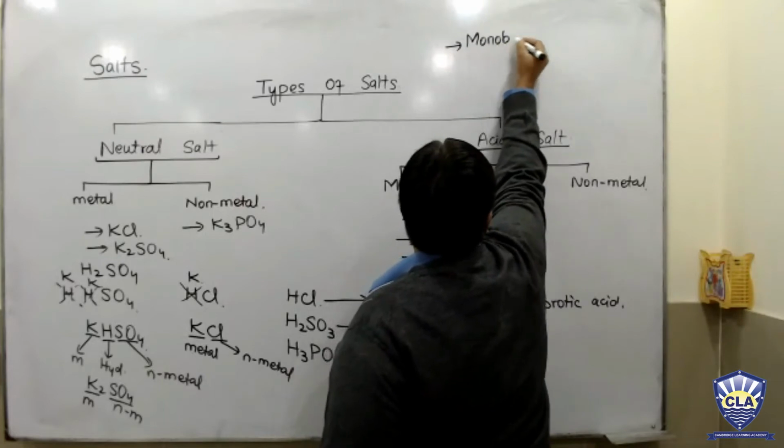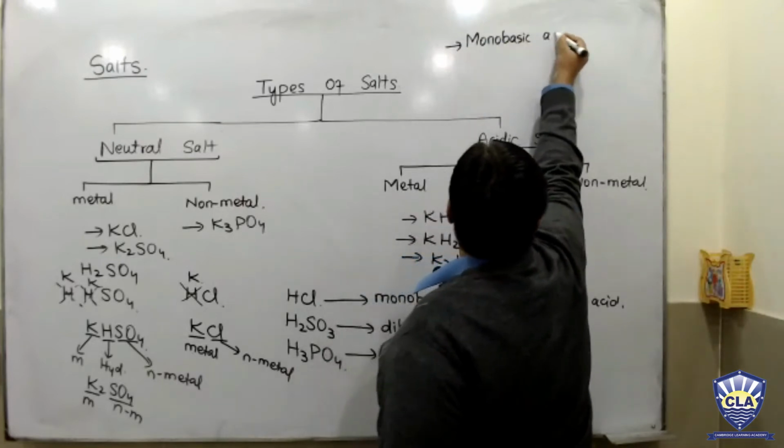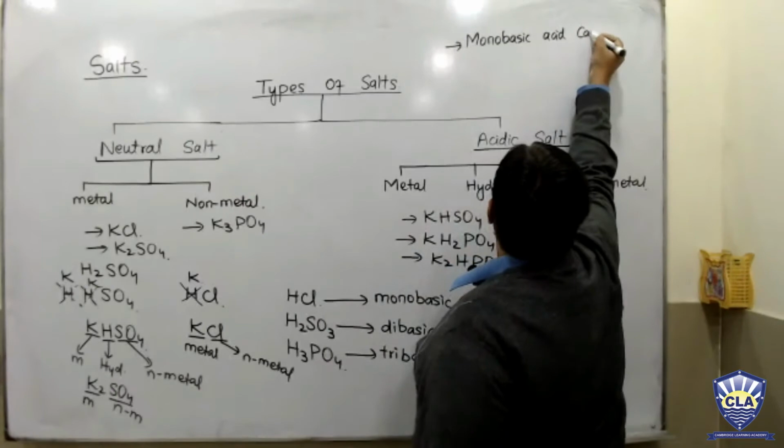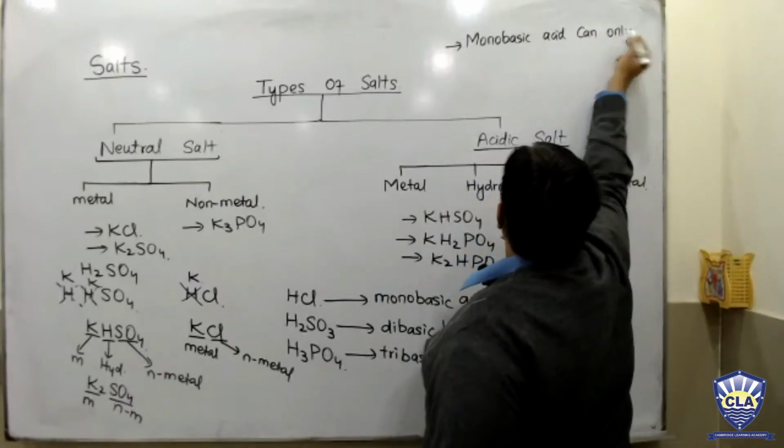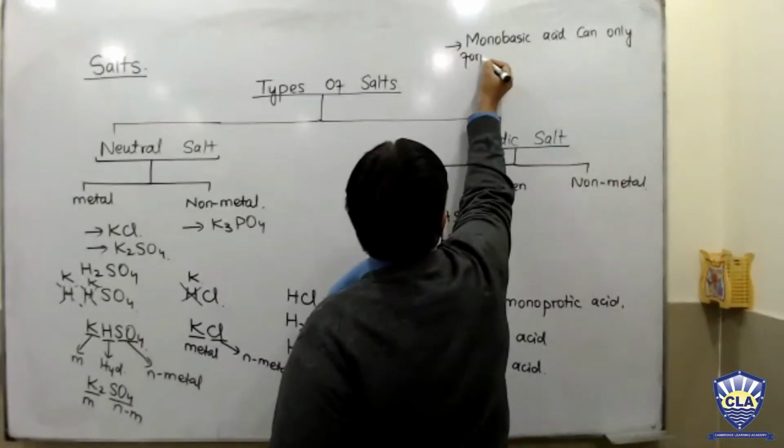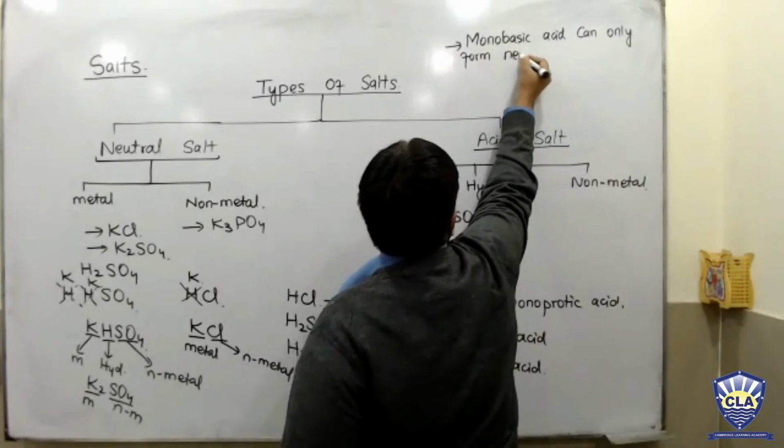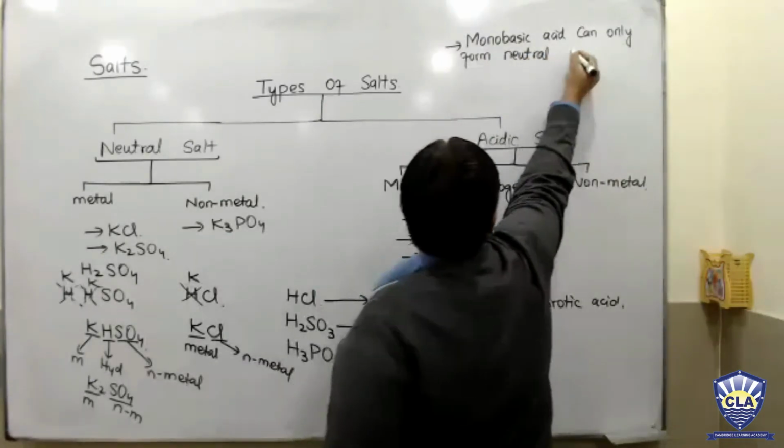Monobasic acid can only form neutral salt.